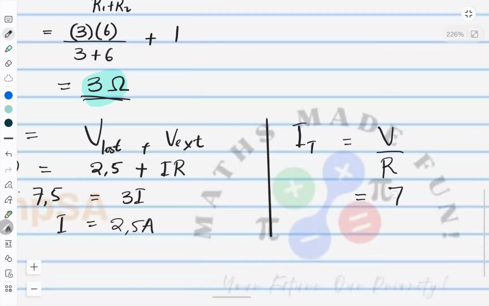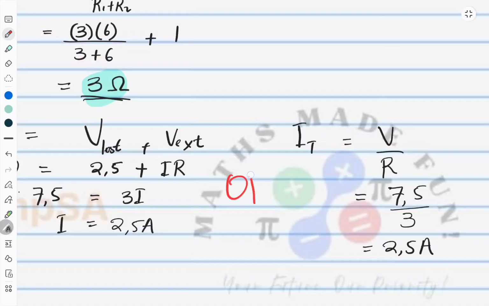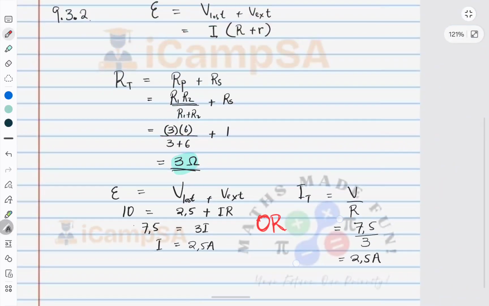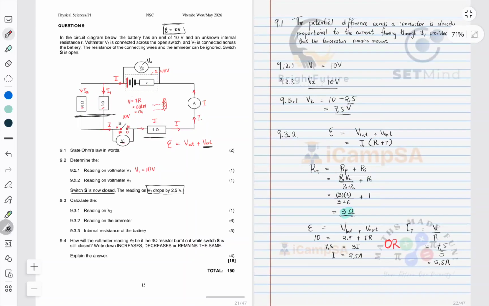Our voltage is 7.5 over our total resistance of 3, and you simply get 2.5 amps. It's up to you which one you use. So that's one thing you could have done here.